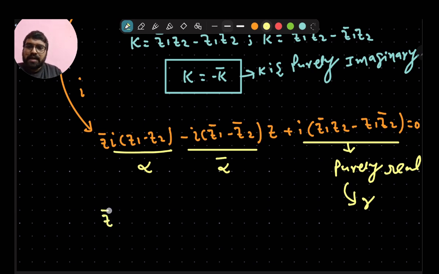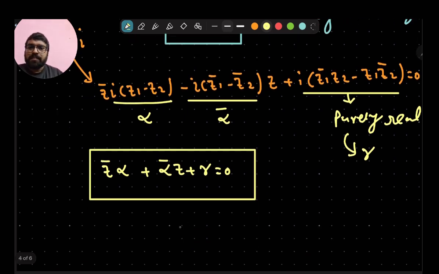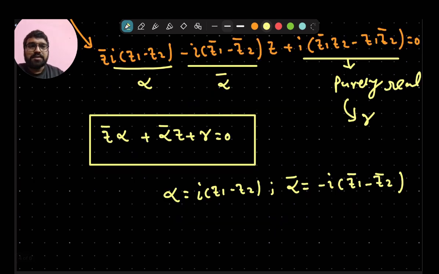So this will be z bar alpha plus alpha bar z plus r equal to 0, where alpha is iota z1 minus z2, then definitely alpha bar or conjugate of alpha will be minus iota z1 bar minus z2 bar, and r is purely real.